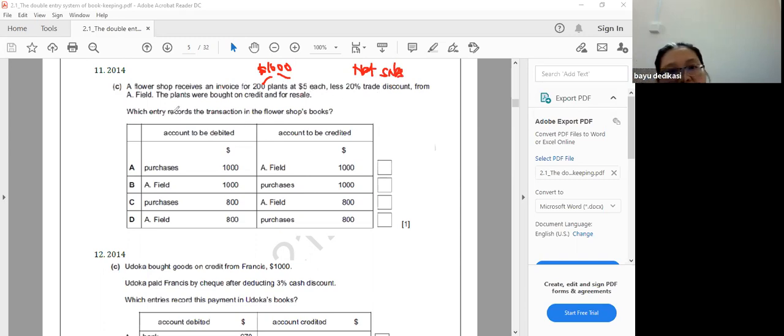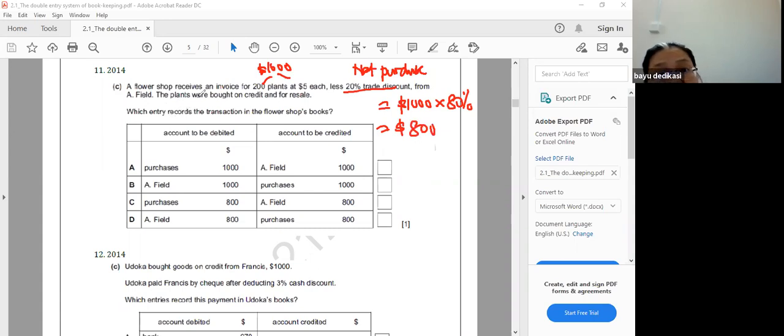Here, standing from the buyer's point of view, this is the net purchases. So net purchases will be taking 1,000 times 80%, because trade discount is 20%. So it's 800.